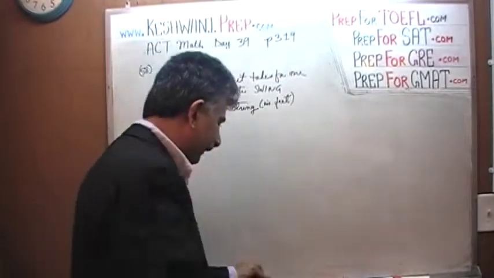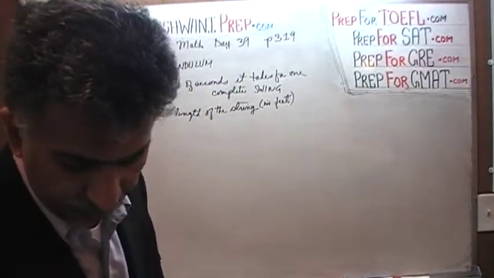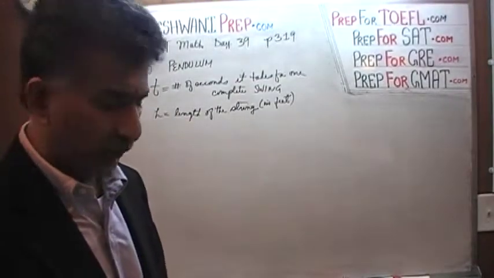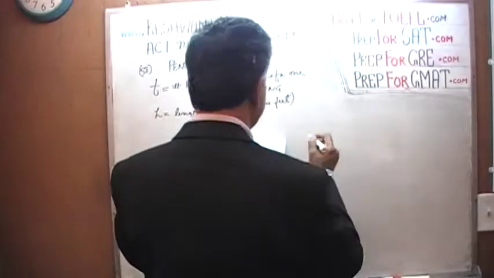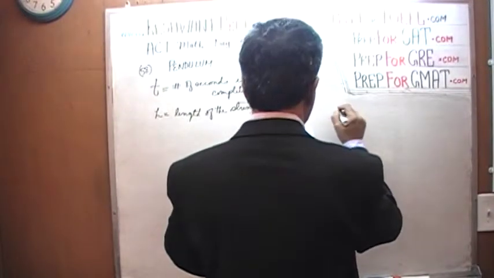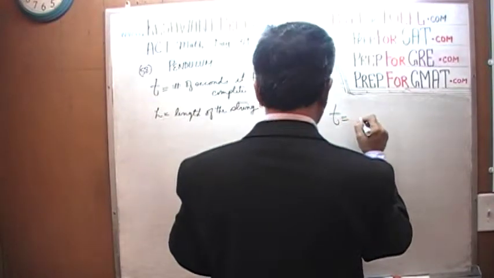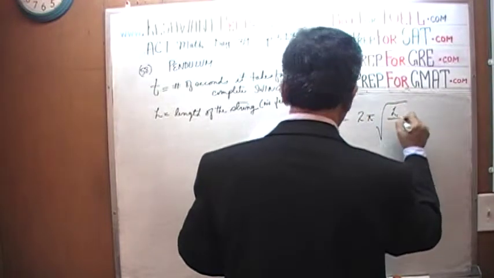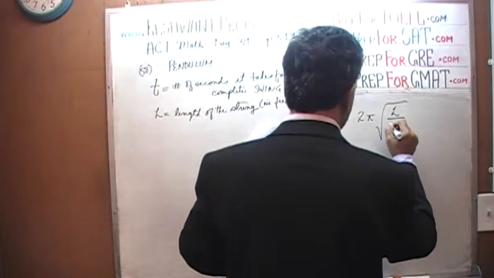The formula we are given is T equals 2 times pi times the square root of L over 32.